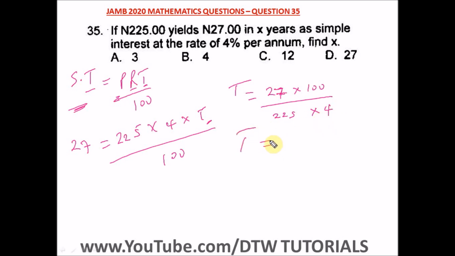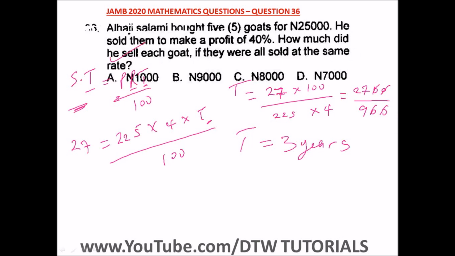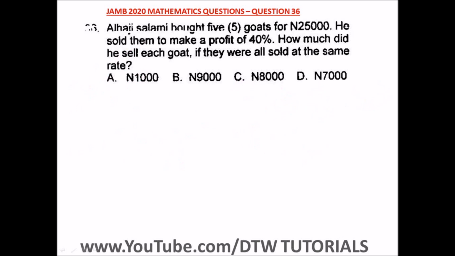So t equals, if we work this out on our calculator, 3 years. Because from my calculation, this is equal to 2700 over 900. So you agree with me that this is 3 years. So the answer is A. So we go to the next question.